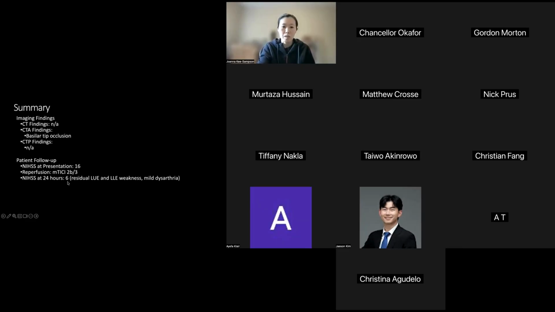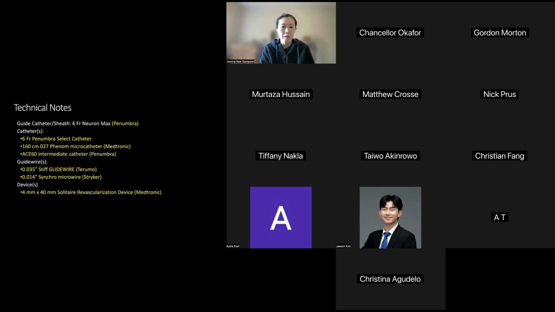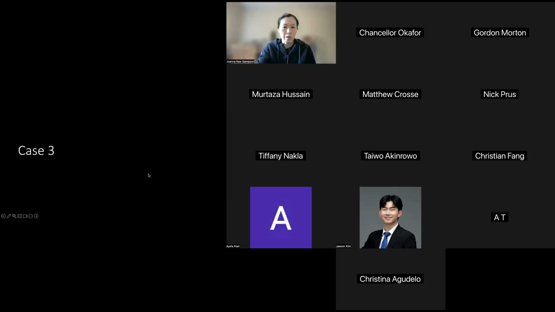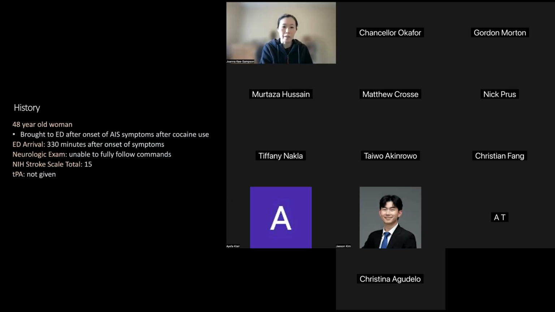At presentation, she was 16 and she had some residual left upper extremity and left leg weakness, some mild dysarthria, but improved. And these are just some of the devices that we used. I don't want to get into too much of that, but okay, this is the next case.